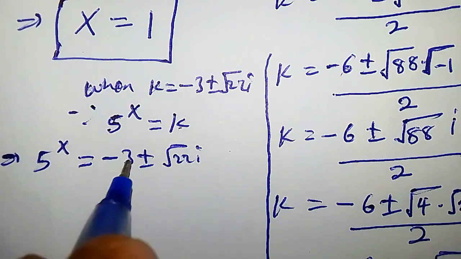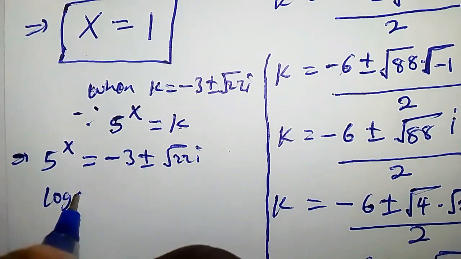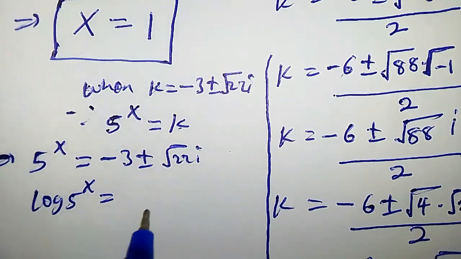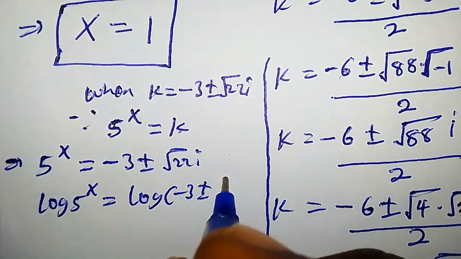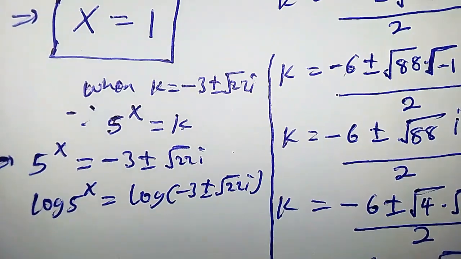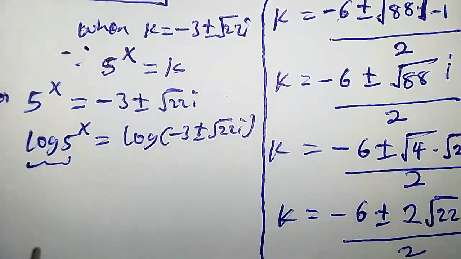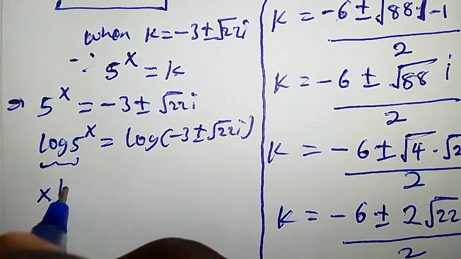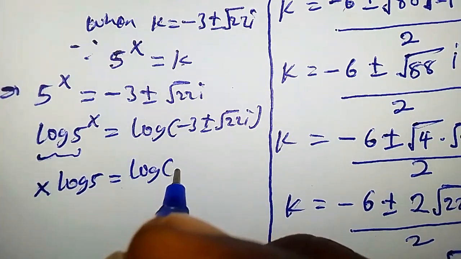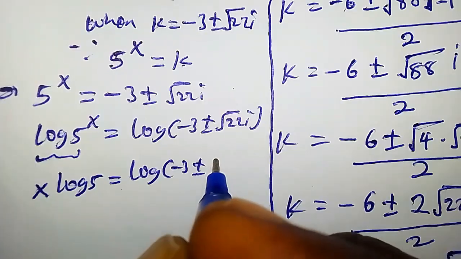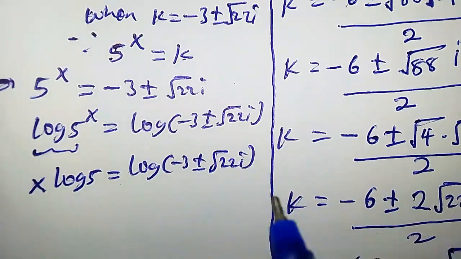Let's take natural log of both sides. That will be log 5 to the power of x equals to log of minus 3 plus or minus square root of 22i. Log 5 to the power of x could be written as x times log 5 equal to log of minus 3 plus or minus square root of 22i.